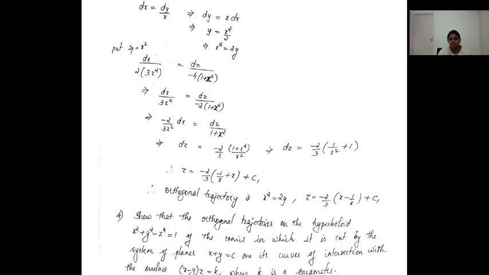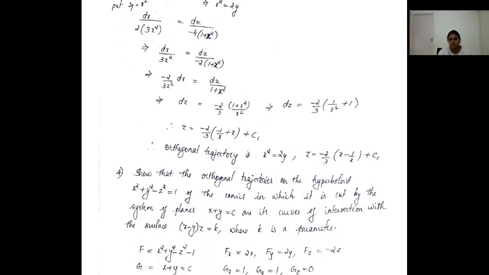So here you will get dx by 3x square equal to dz by minus 2 into 1 plus x square. On integrating, this is the value of z. So z is minus 2 by 3 into minus 1 by x plus c1. So this is your surface together with the system of curves. So that is the equation of the orthogonal trajectory.